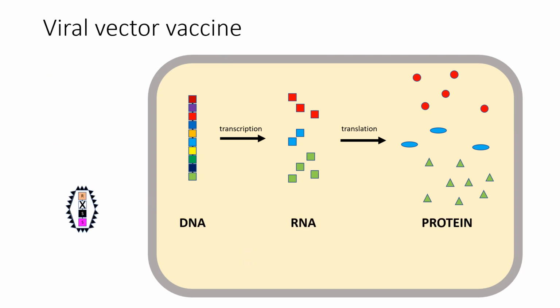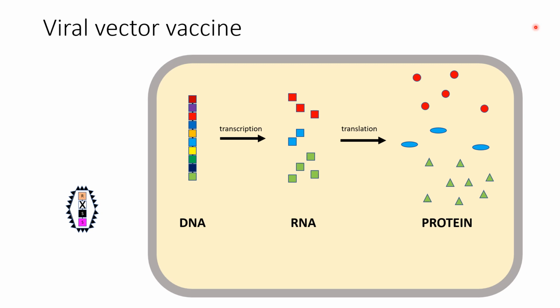So let's have a closer look at how the viral vector vaccine works. In the current context of the pandemic, the viral vector vaccines that people may be familiar with are those made by Johnson & Johnson, which is the same as Janssen, and another made by AstraZeneca.